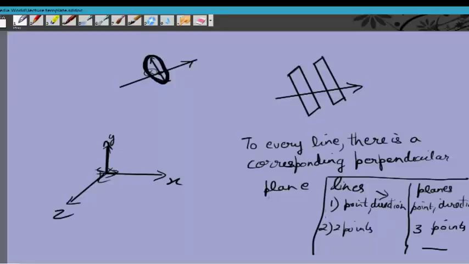So for lines, the direction is denoted by the direction of that line, but for a plane, the direction is denoted by the direction of the line which is perpendicular to that plane. Because for every plane, there is only one line perpendicular to that plane, but there are an infinite amount of lines which are parallel to that plane, which belong in that plane. Right. So that's the first step.